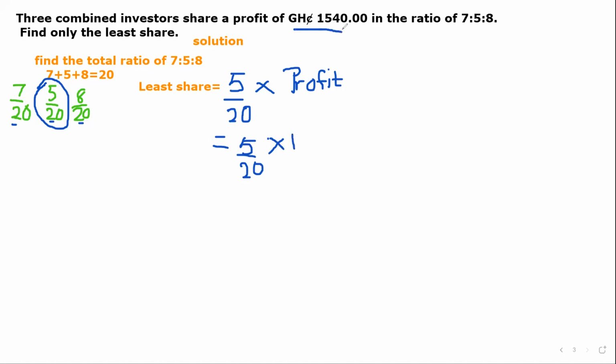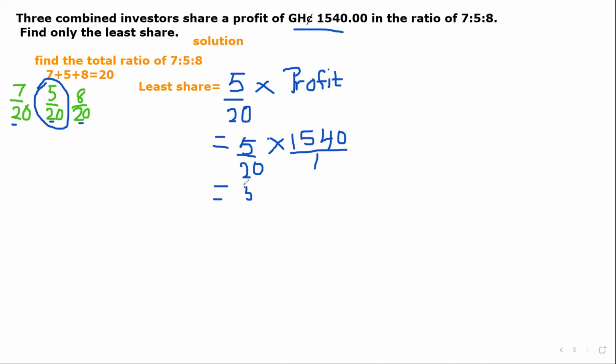That is the profit. That is 1,540 Ghana cedis. Every whole number is over 1. Multiplication means you just multiply the numerators first.